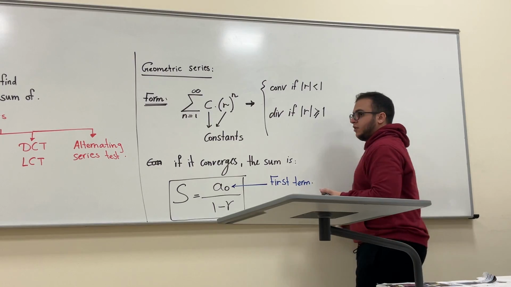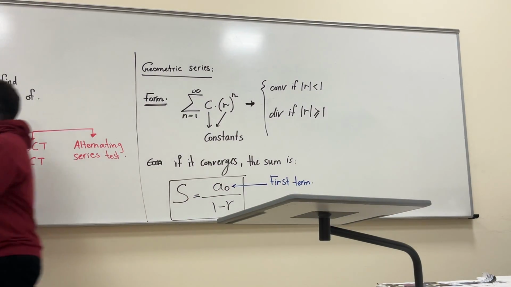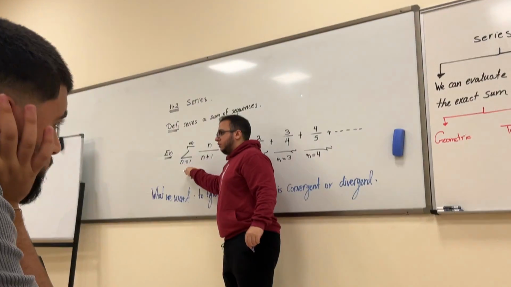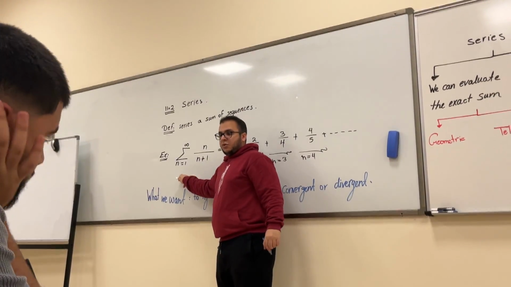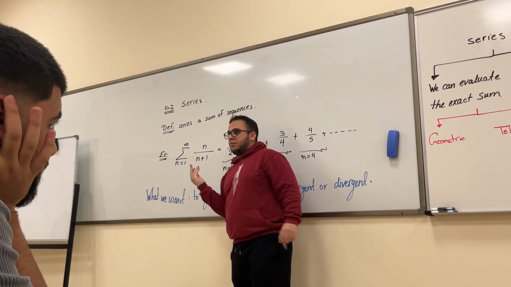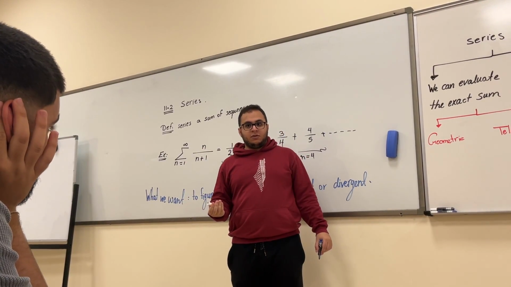How do you find the first term in the series? I plug in the starting position, right? I plug n equal 1 in here to get the first term. That's what we need. Okay?